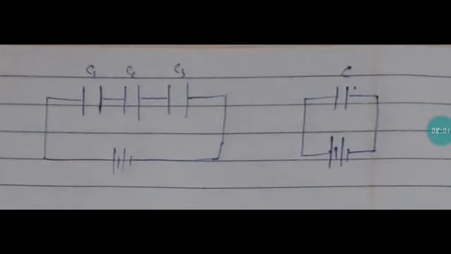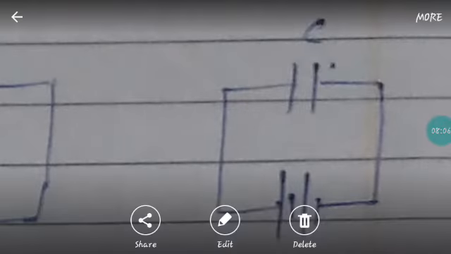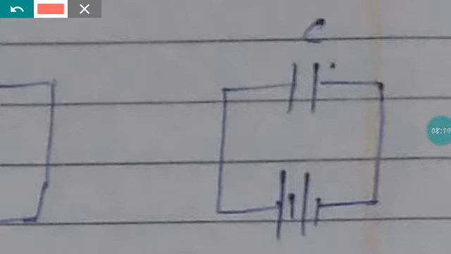Now come to the second figure. This is the equivalent capacitance of the capacitors we have taken in the previous figure. So we have one capacitor for all three capacitors, which has capacitance C. This will be called the equivalent capacitance. Understood?